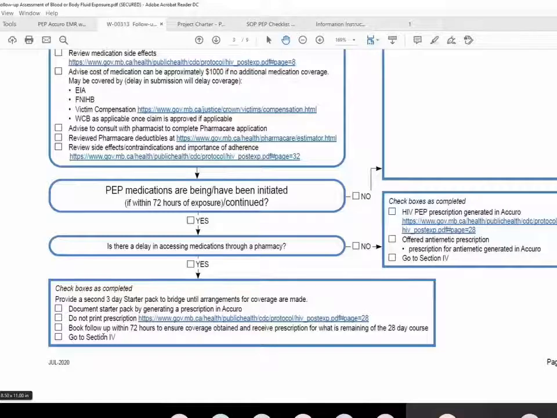Manitoba Health is very clear that we are not to give more than 2 starter packs, so they get 1 starter pack in emergency, and they can get a second starter pack in community if required, because they haven't gotten their funding lined up. But after that second starter pack, the direction at the Manitoba Health level is that's it. That's all they're willing to support.